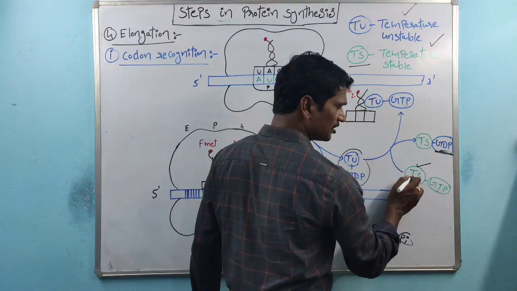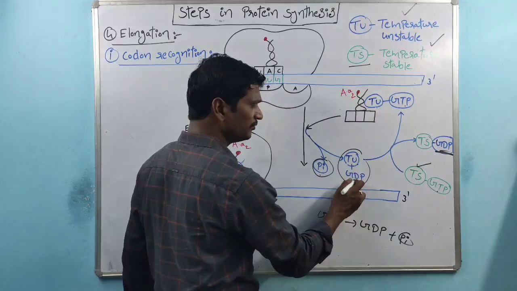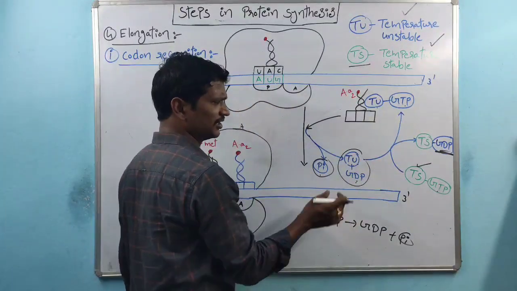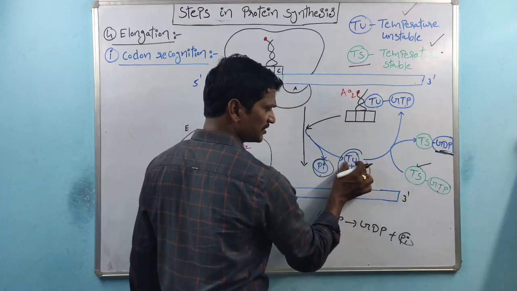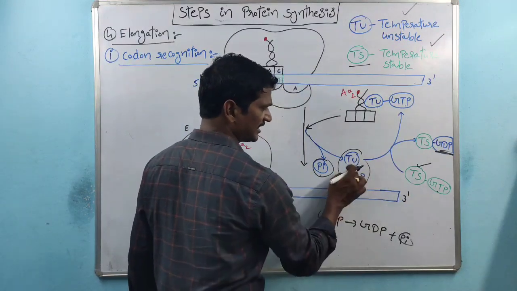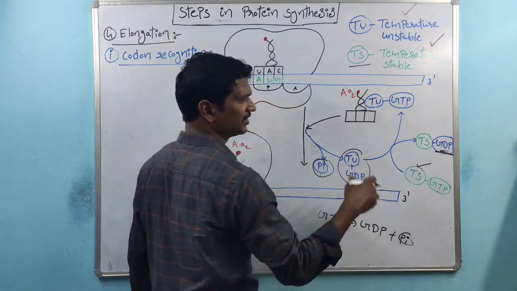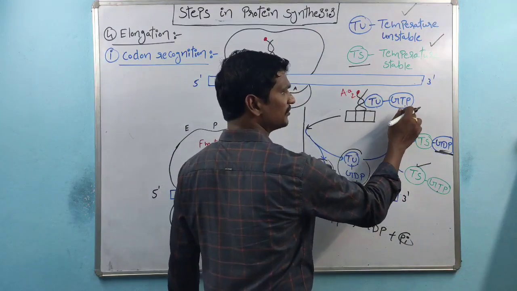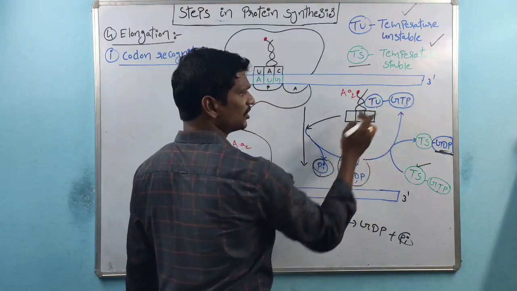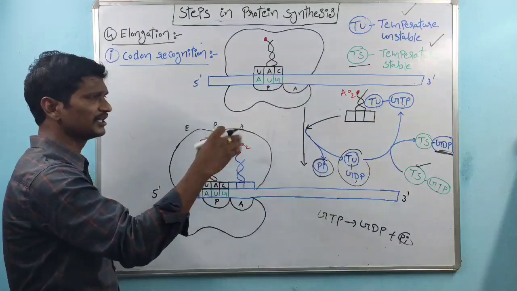Then the TS also supports the removal of GDP. It is an internal exchange. One GDP is present here, one GTP is present here. The exchange takes place. Again, the TU factor is loaded, and this step takes place.